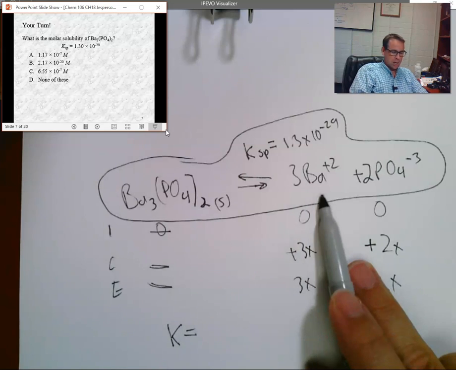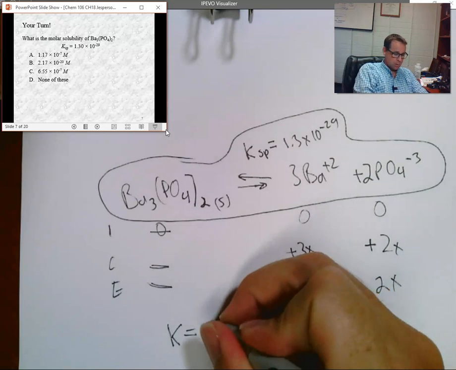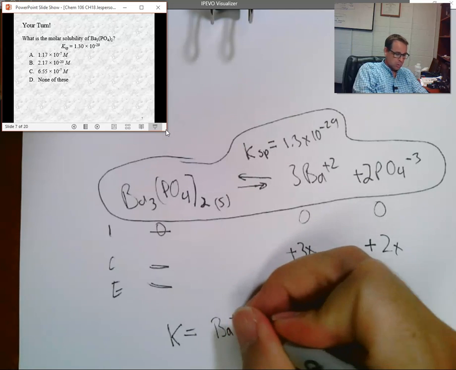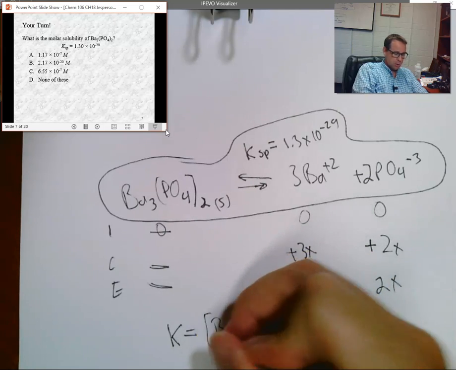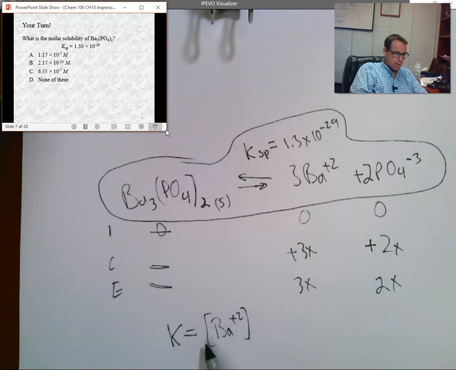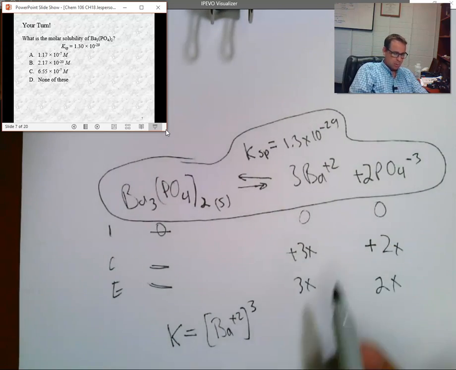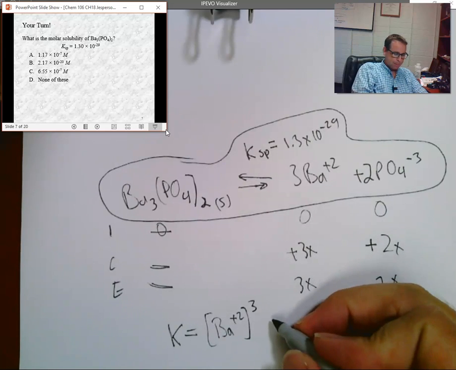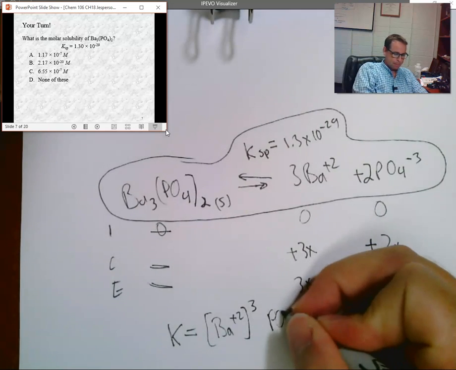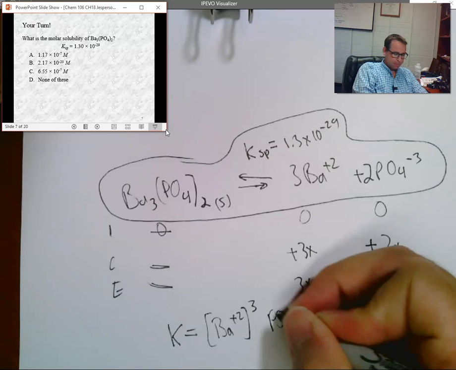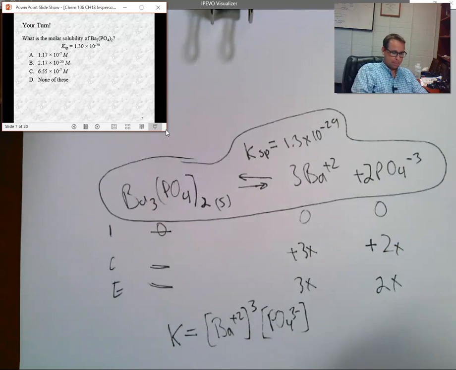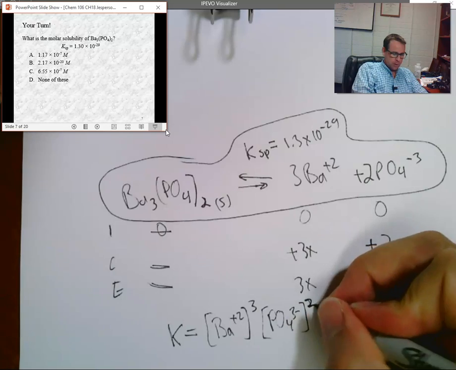It's the concentration of the barium with a 2 plus charge, raised to the third power. Times what? PO4 3 minus, to the squared. Very good.